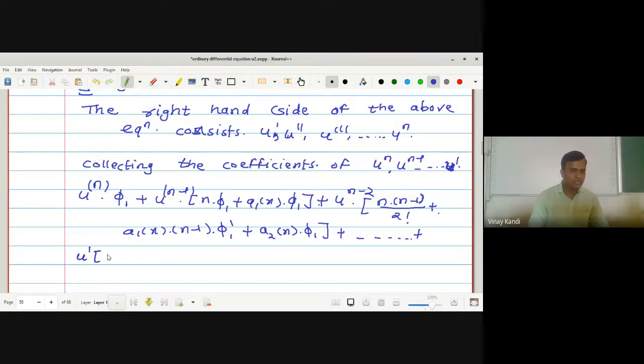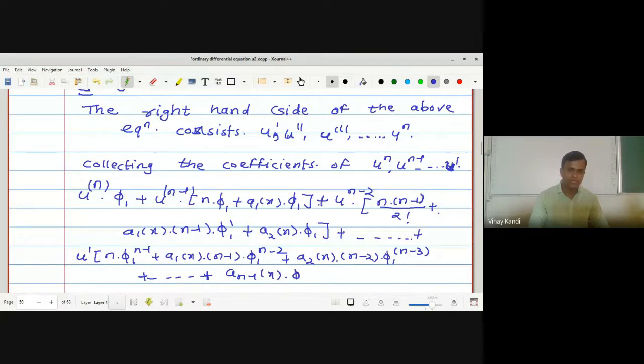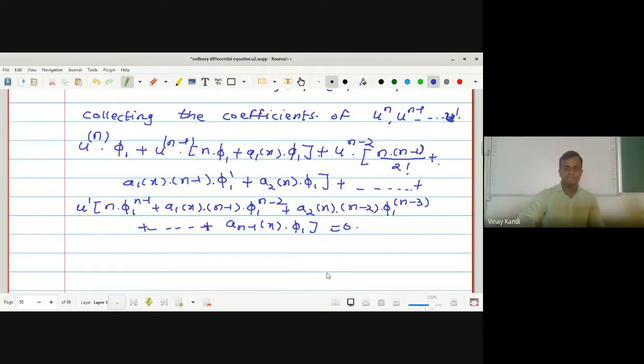Its coefficient will be n into phi 1 raised to n minus 1 plus a1 of x into n minus 1 into phi 1 raised to n minus 2 plus a2 of x into n minus 2 into phi 1 raised to n minus 3, and so on, an minus 1 of x into phi 1, which is equal to 0. Do you understand? We took the coefficients of u raised to n, u raised to n minus 1, u raised to n minus 2 separately and made them common.